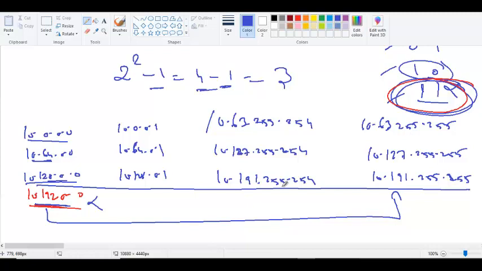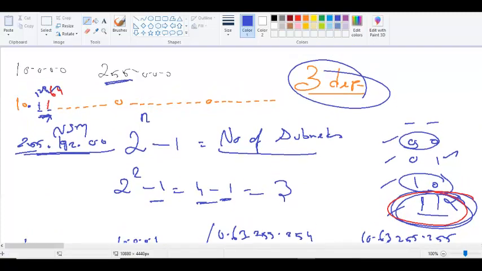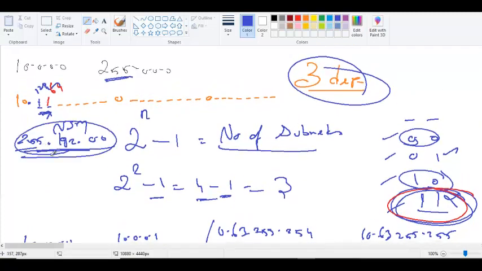You see, the number of bits that we have currently used for networking is 8 plus 2, 10. Isn't it? 8 bits were default and 2 more bits we have added.